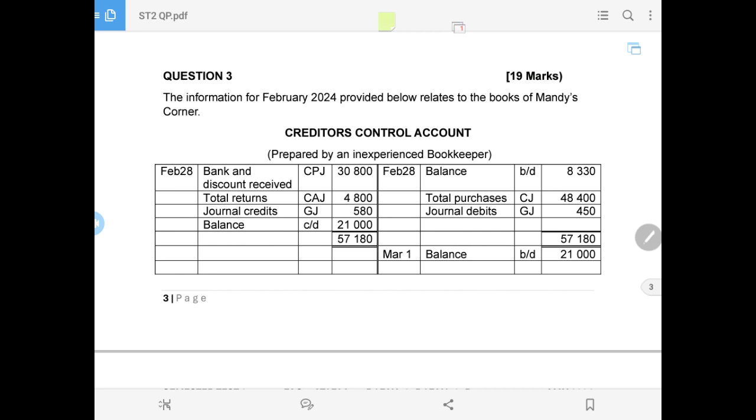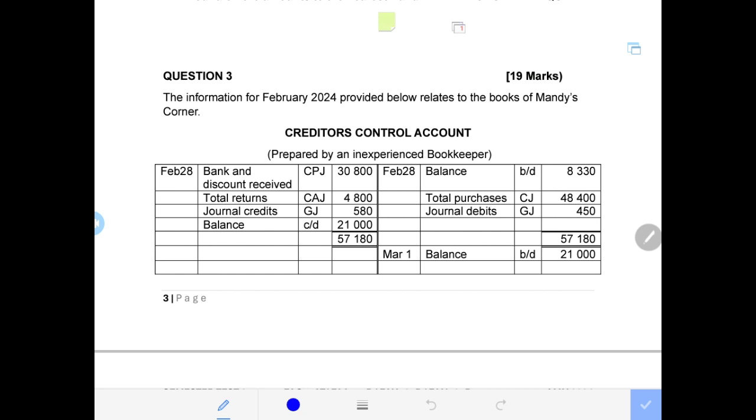Once again, this is another recording on the topic Creditors Reconciliation. In this question, out of 19 marks, we are provided with the information for February 2004, which relates to the books of Monday's Corner.